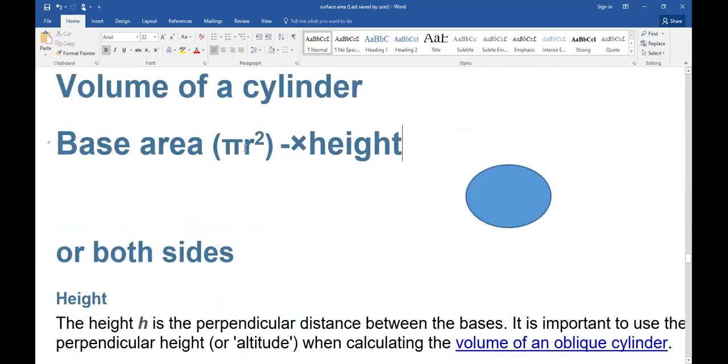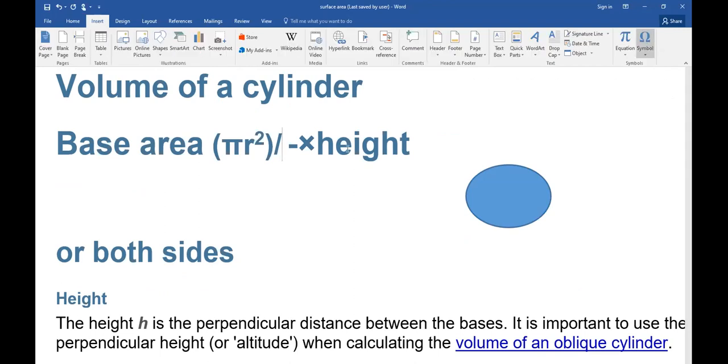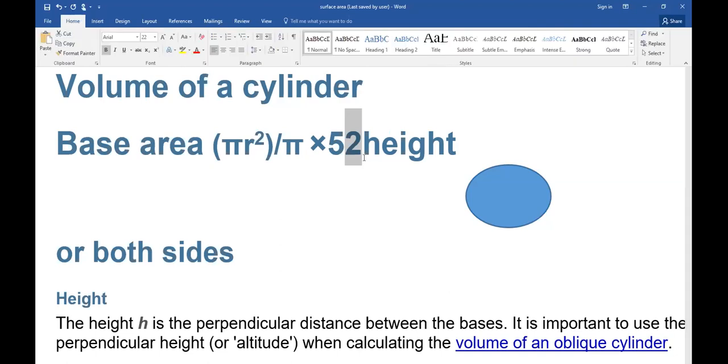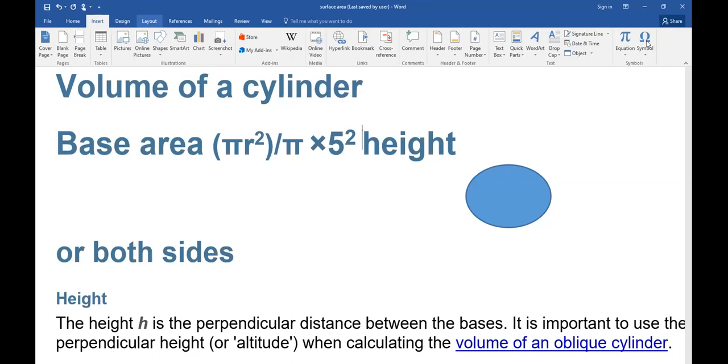So in this formula we are going to have pi times the radius, which was 5, so 5 squared, times the height.